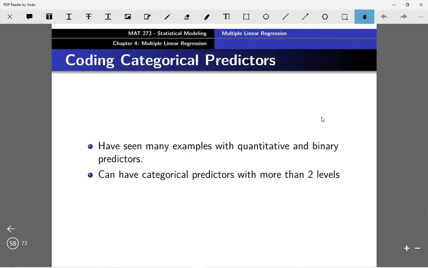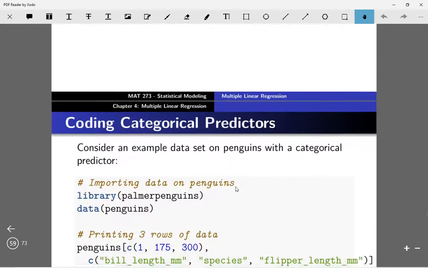Essentially, it creates a vector of zeros and ones, recodes the data as zeros and ones to make a categorical predictor into a numeric type thing that can be used for fitting a regression model. But we only saw categorical predictors that had 2 levels. In general, you can include explanatory variables that have more than 2 levels.